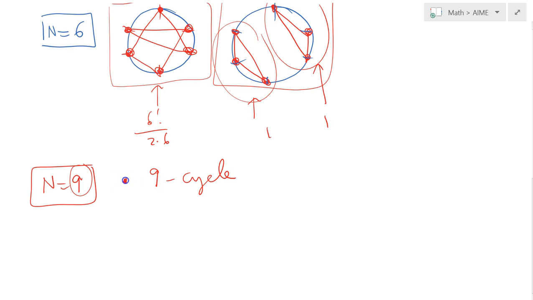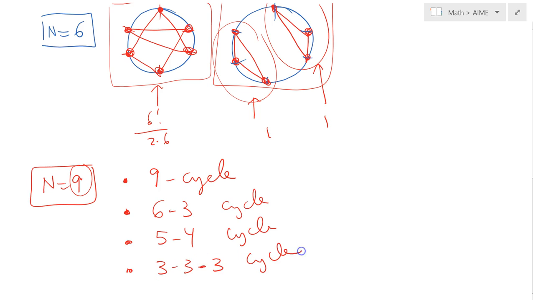An alternative is a 6-3 double cycle, or a 5-4 cycle, or finally a 3-3-3 cycle. Is there any other way? No. Okay, so how many of each count?